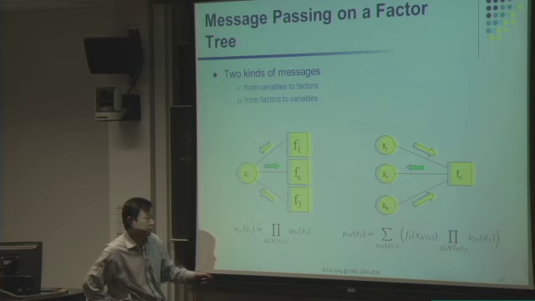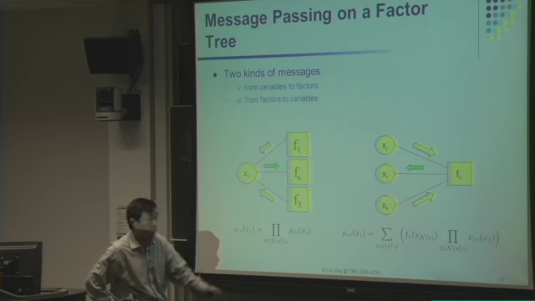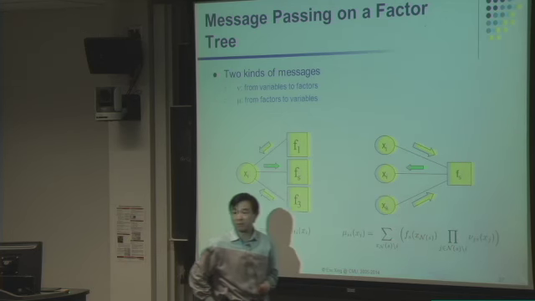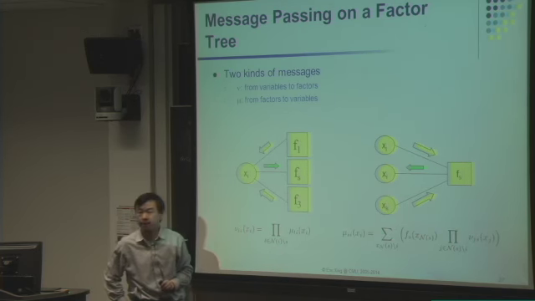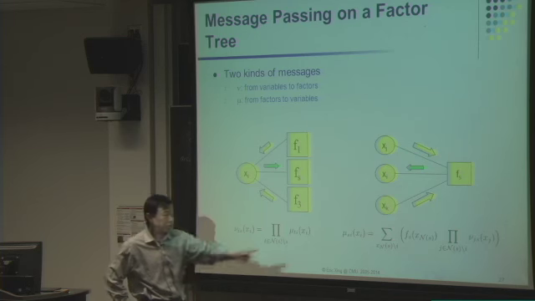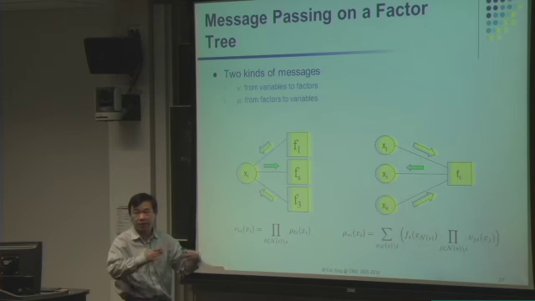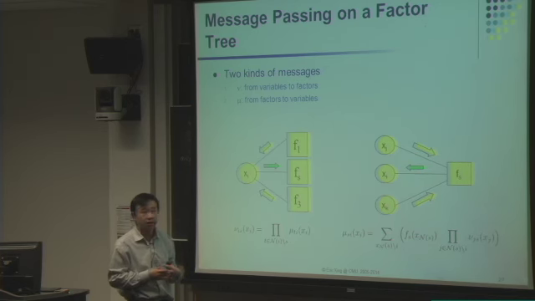And then we're going to sum over all the variables in this big product, except the node that is receiving this message. These 2 operations are actually the same, but I made them symmetric so that you can see a slight asymmetry in the variable nodes and the factor nodes.